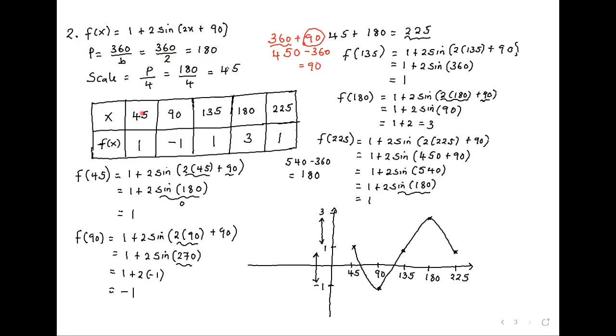How are we getting these numbers? Since 45 is the scale, we start at 45 and keep adding 45: 45 plus 45 we get 90, plus 45 we get 135, and then plus 45, plus 45.